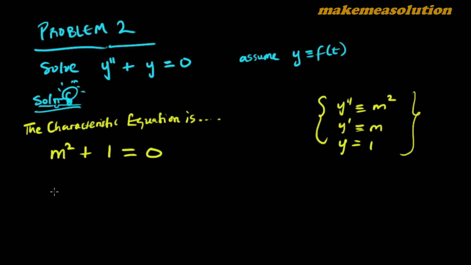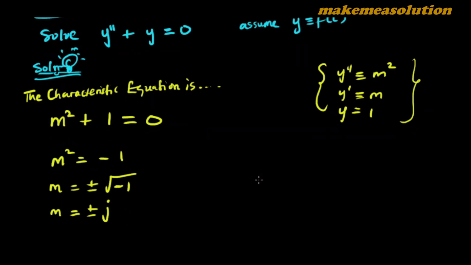Then when you solve this, you're going to get m squared is equal to -1, m is equal to plus or minus the square root of -1, and m is actually plus or minus j itself. The square root of -1 is the imaginary value, which is i or j, whichever one you want to use.